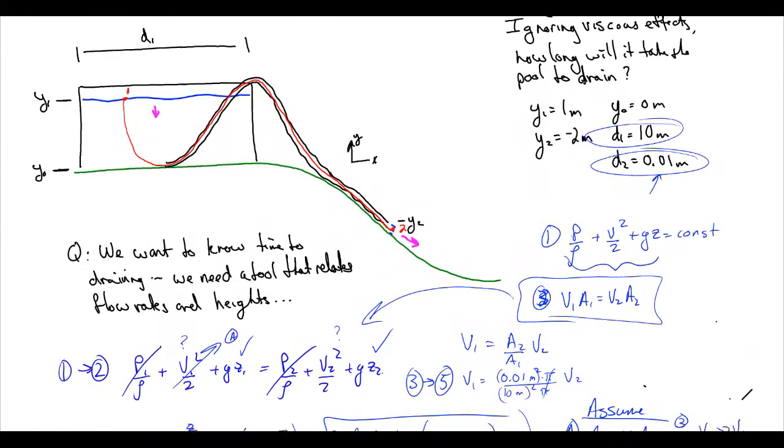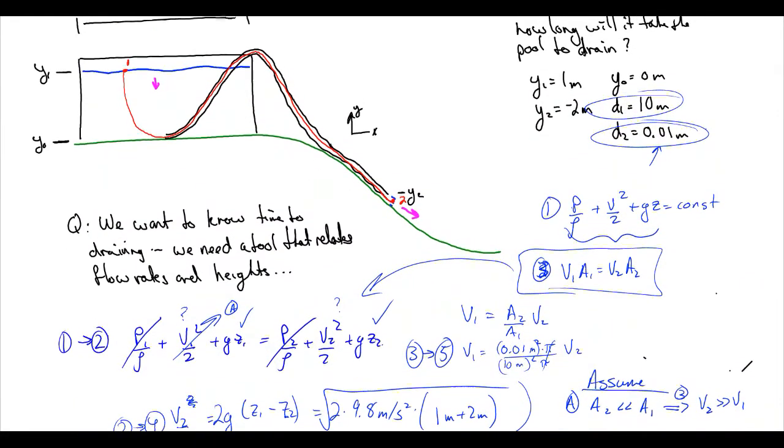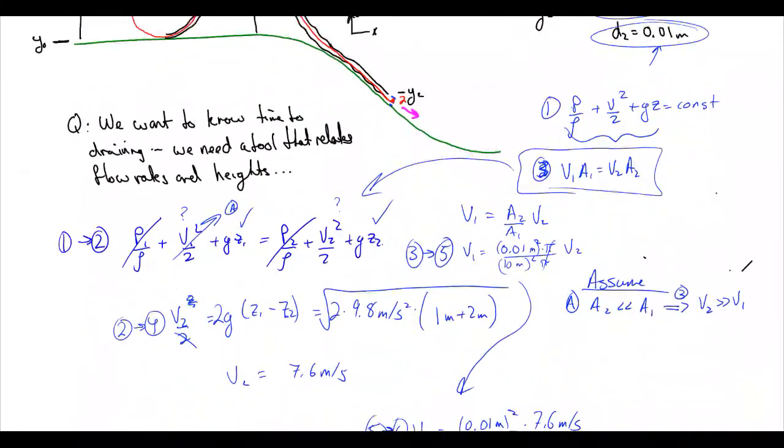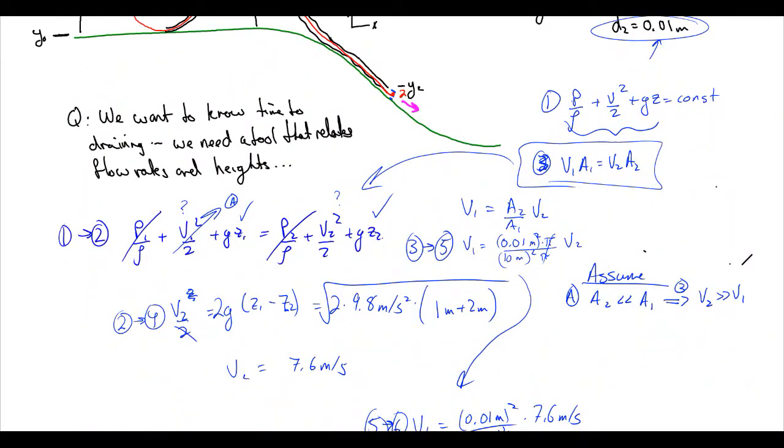The other thing we did not do is analyze this as a dynamic system. We assumed that the flow rate was going to be the same no matter what the height of this pool was, but it's not. Our velocity is actually a function of our height. If we wanted to do this correctly, we would solve for velocity as a function of height, like we did here, and then we would do some kind of integration along the height.